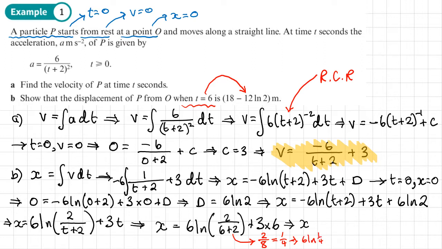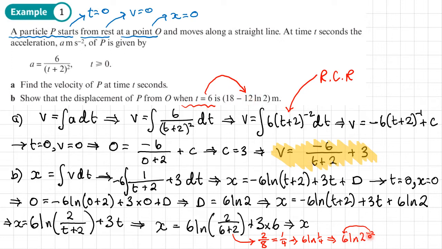Now, a quarter is the same as 2 to the power minus 2. And then I can take the minus 2 and bring it to the front, and then it becomes minus 12. Now I'm just doing the working in red here. If you were doing an exam, you'd probably want to write some of this working out to show that you've done some sort of process to get the value that they want you to get to.